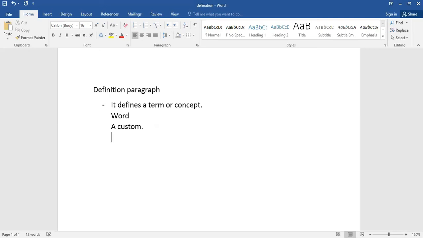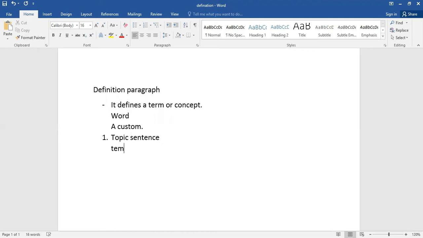How is the topic sentence in a definition paragraph?